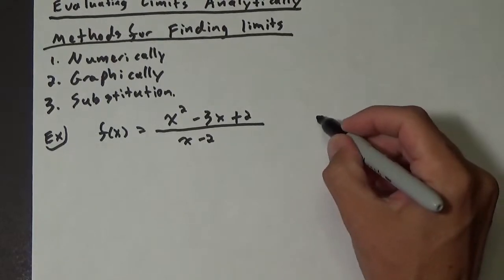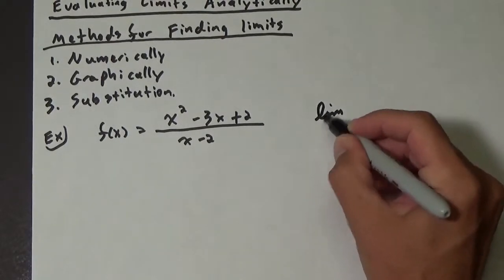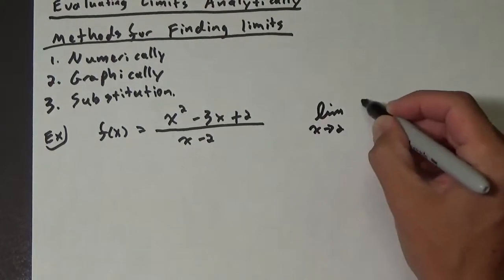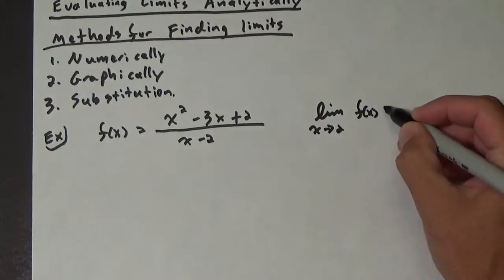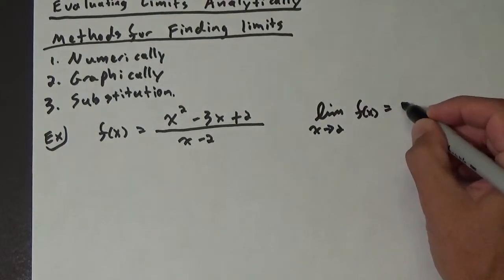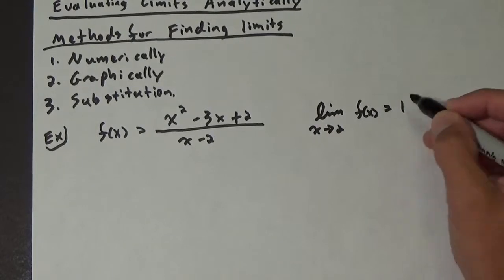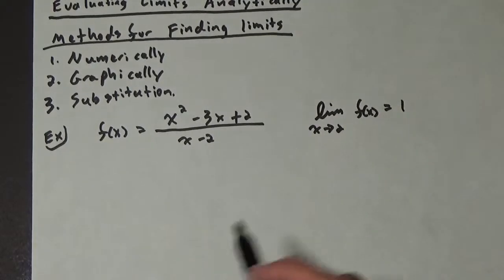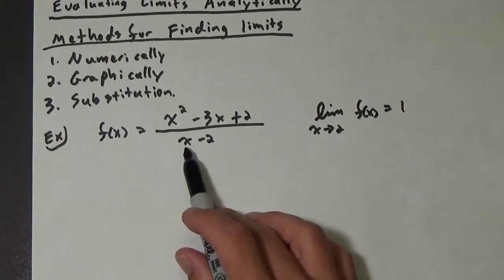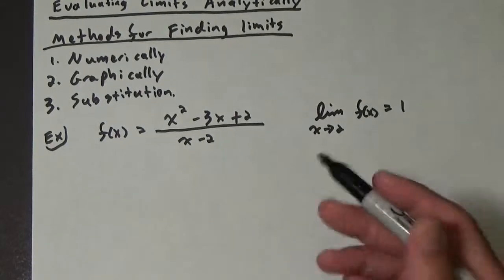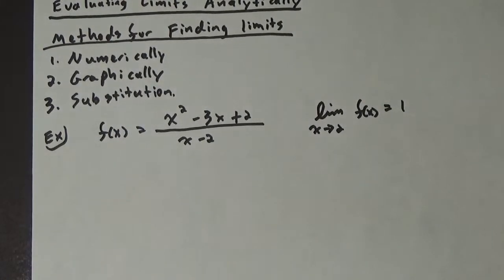And so we know that the limit as x approaches 2 of f of x was, I believe, 1. But if you remember, when we put in 2, it became 0 over 0, so it was undefined. We had to go through that whole process.